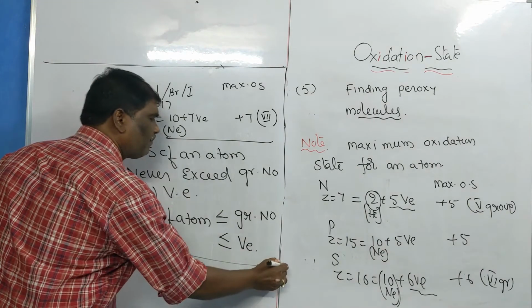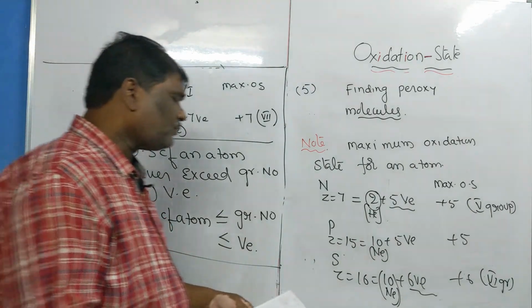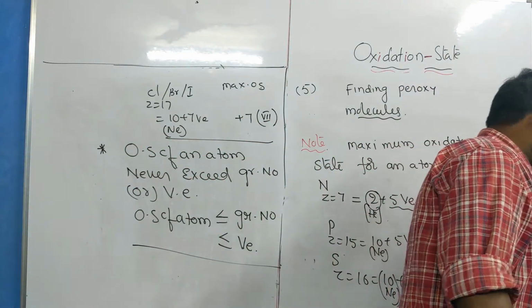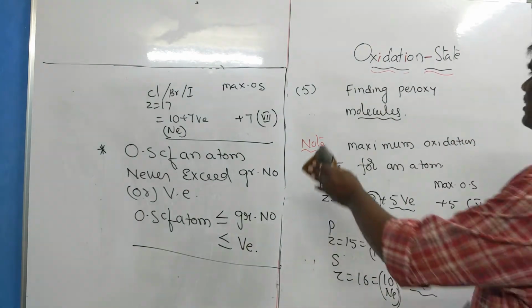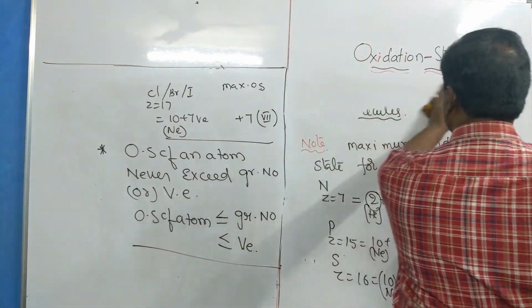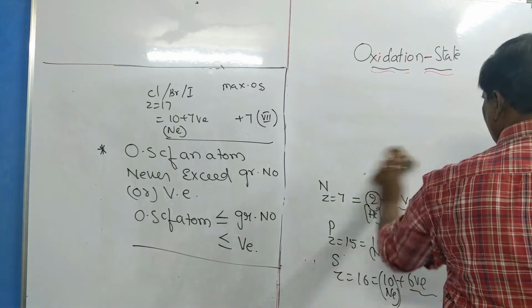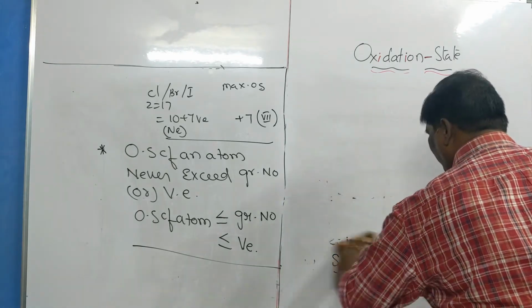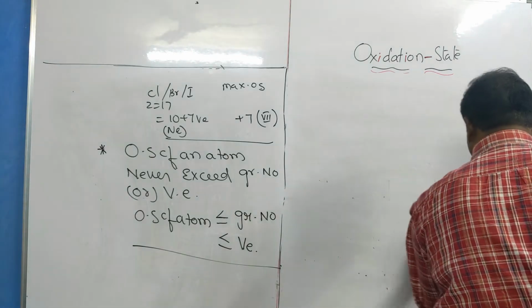This is the rule. Now what happens whenever the oxidation state is more than valence electrons?